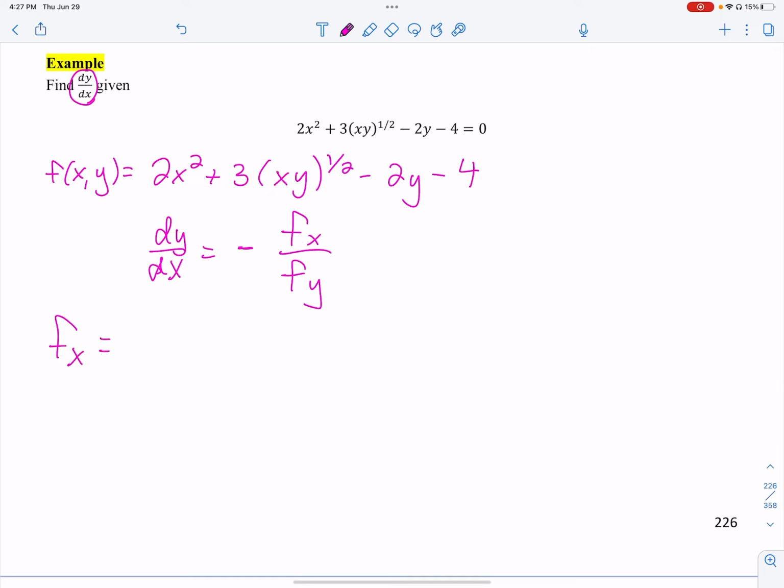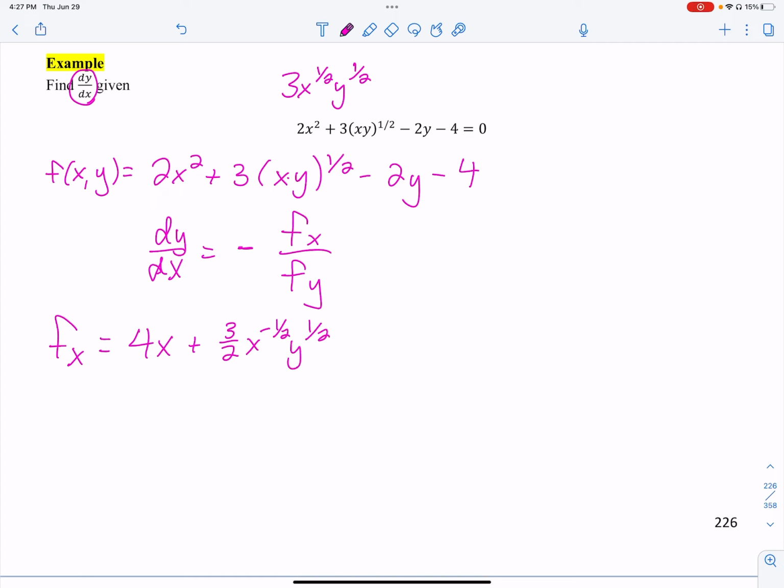All right, so the derivative with respect to x, we have 4x. The derivative there, I would think about it this way. I think it's much easier if I just split that half. I can do that with powers as long as it's being multiplied inside, not adding or subtracting. So the half would come down, giving me plus 3/2, x to the minus 1/2, y to the 1/2.